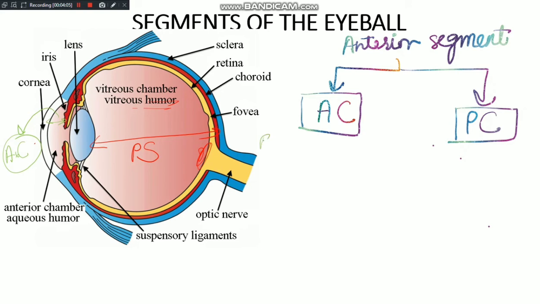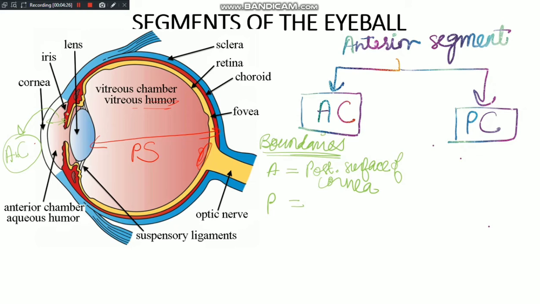If I talk about the boundaries, it will be more clear to you. Anteriorly, the anterior chamber is bounded by the posterior surface of the cornea.